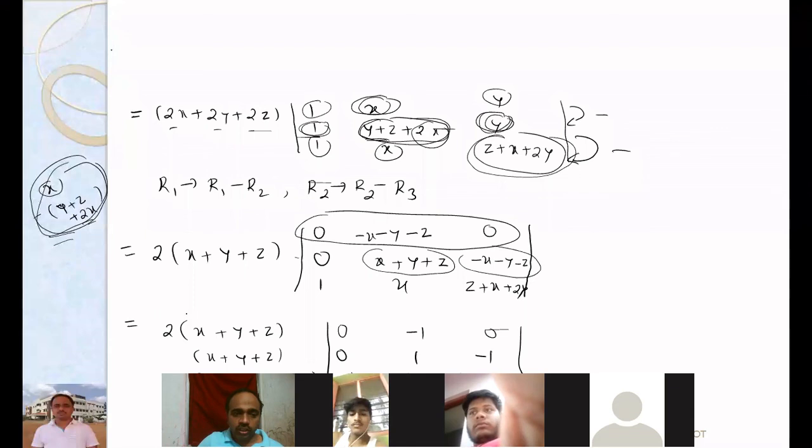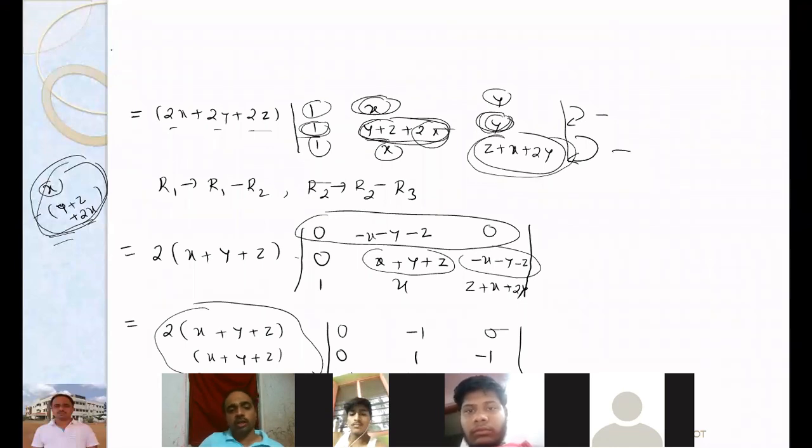So if you observe the factors outside the determinant, yes, I have highlighted it. 2 as it is, x plus y plus z, x plus y plus z, x plus y plus z. If you multiply x plus y plus z, the whole cube, that is the required answer actually. So when you multiply three same factors, x into x into x, we get x cube. So outside the determinant, 2 into x plus y plus z whole cube I will get.